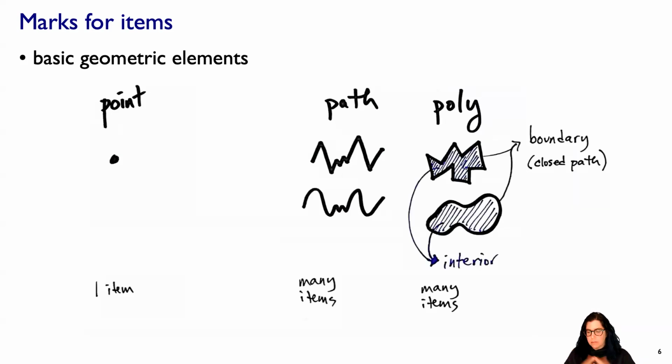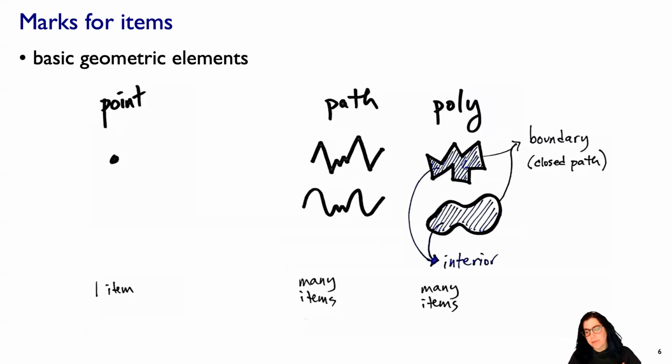So let's take this idea of a poly and actually notice there's a relationship between a path, which is a line, but we'll think of that as an open line, and a poly, which has a path around it. It's got a boundary. So a closed path is the boundary of a poly. So polys have both boundaries, which are like paths, and interiors.